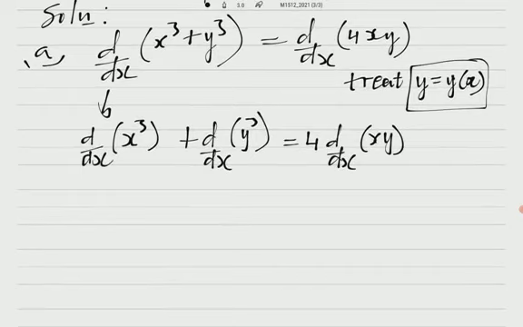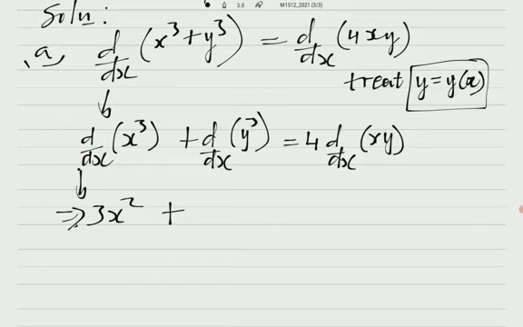Now the first part is easy. Straight away from here we get 3x squared. So you differentiate x cubed with respect to x, you get 3x squared.